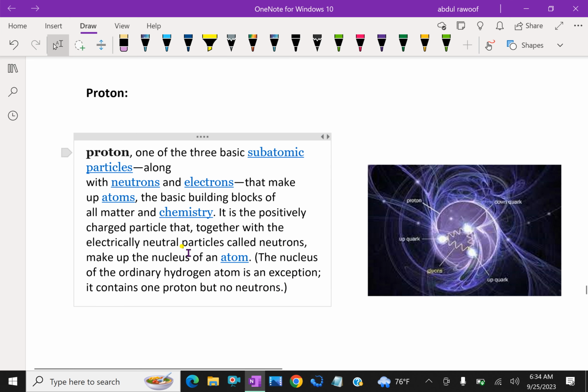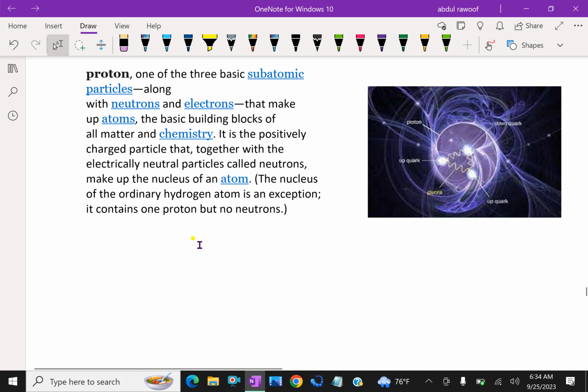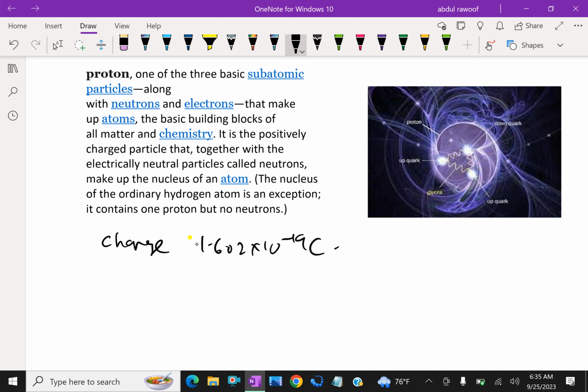Here, the electron has the same charge magnitude, and the neutron has no charge. Now next, the proton has a positive charge, that is 1.602 into 10 power minus 19 coulomb.